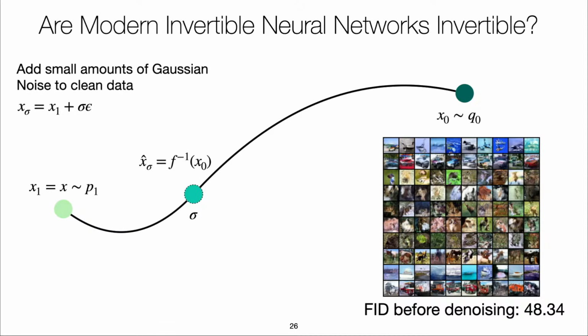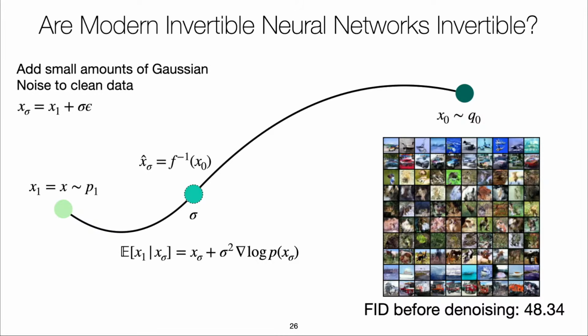And you could say that this step is, in fact, not just an engineering trick, but an actual necessity of training. Because if you look at the FID of these models before removing the noise, the FID is quite bad. This is just CIFAR. An FID of 48 or 50 is quite bad. And what people essentially do is train on X sigma, which is a little bit of noise, and then use Tweedie's identity to denoise back to X1 or X0, depending on your convention, and that's how you recover clean samples.